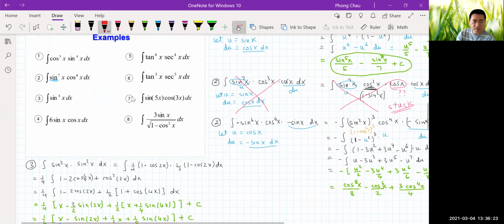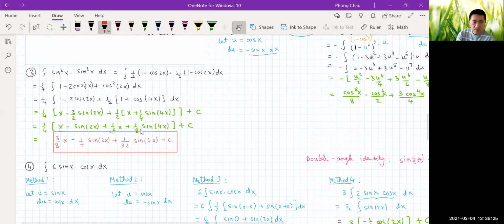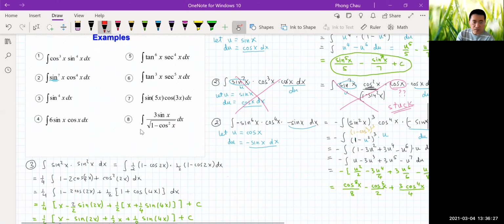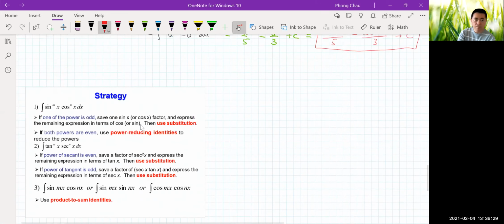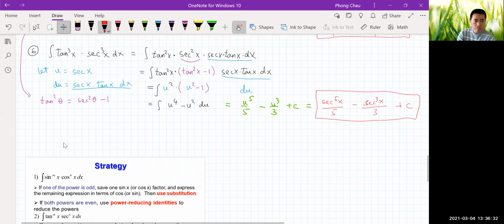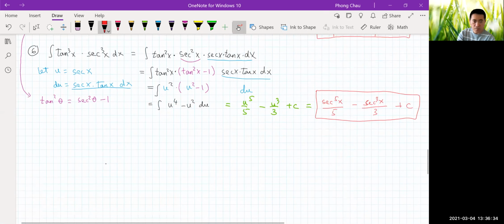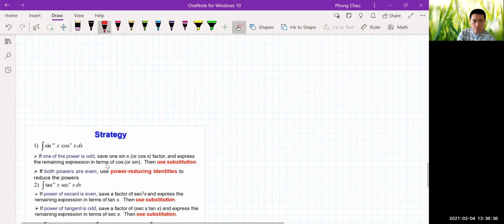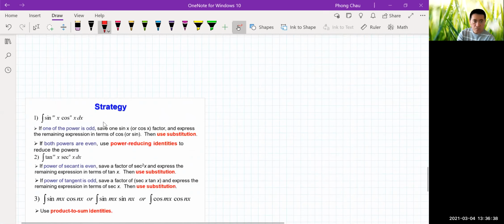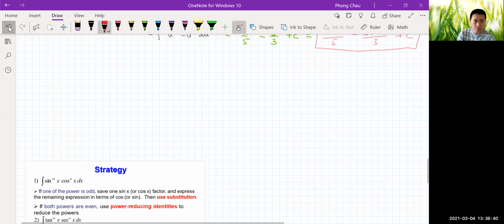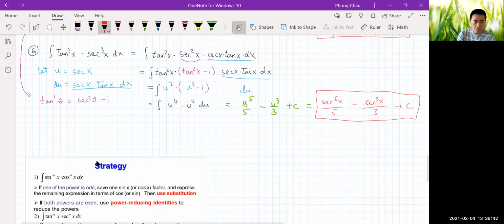Now we look at numbers 7 and 8. Number 7, you have sine times cosine. Perhaps I do a strategy here.